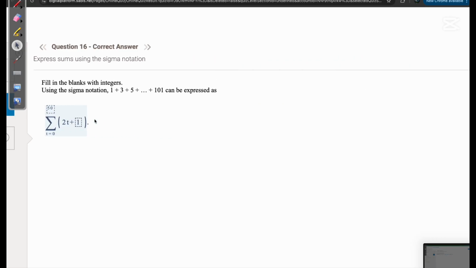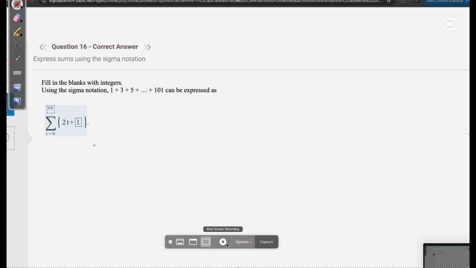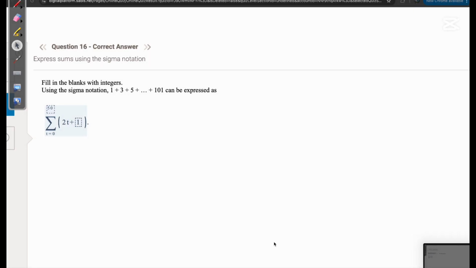16. Using the sigma notation, 1 plus 3 plus 5 to 101. Okay. So remember last year when we took, I don't want to explain it again. They want to figure out the sigma notation. So let's say we have the first term, which is t is 1.